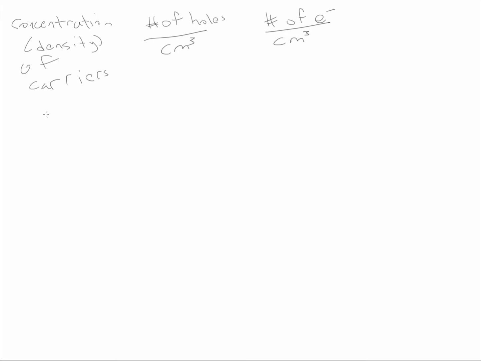And in an intrinsic semiconductor, and I mentioned this word before, the number of holes is equal to the number of electrons. Okay, and an intrinsic semiconductor is basically a pure substance.